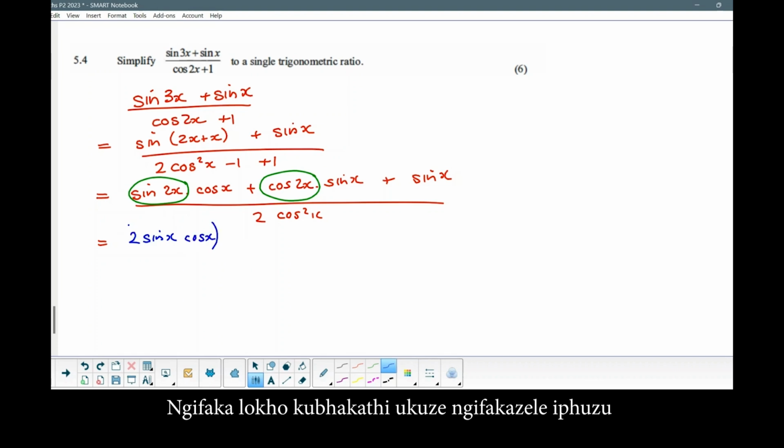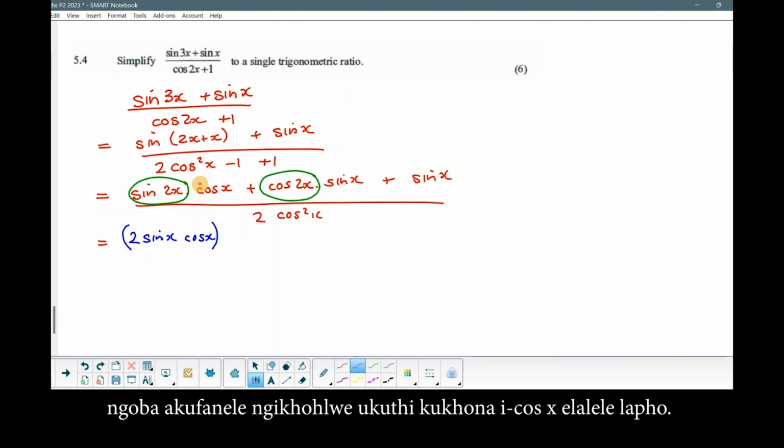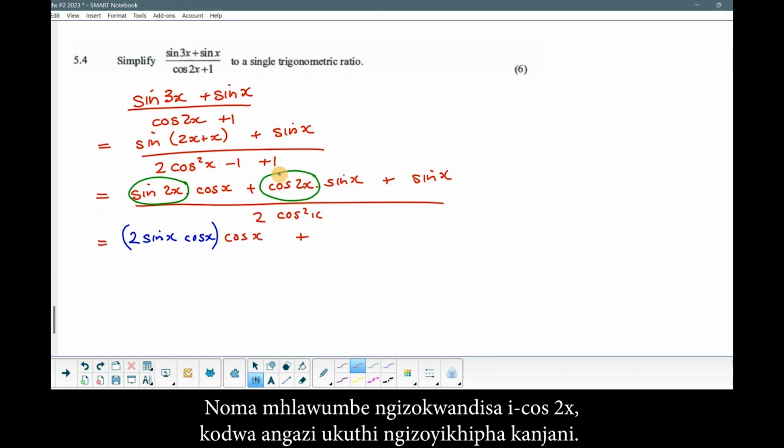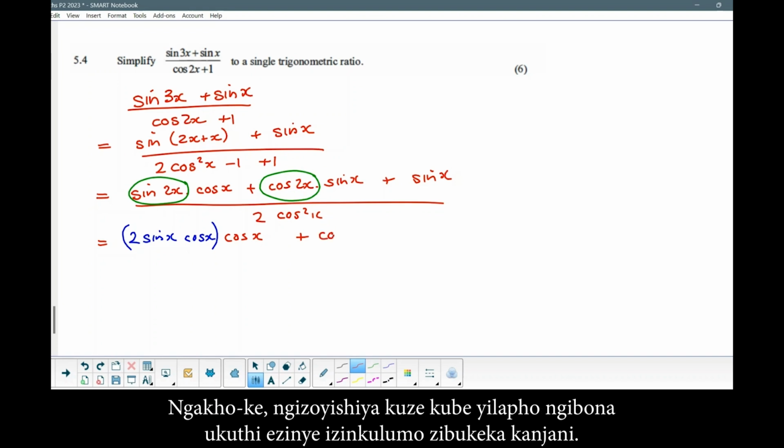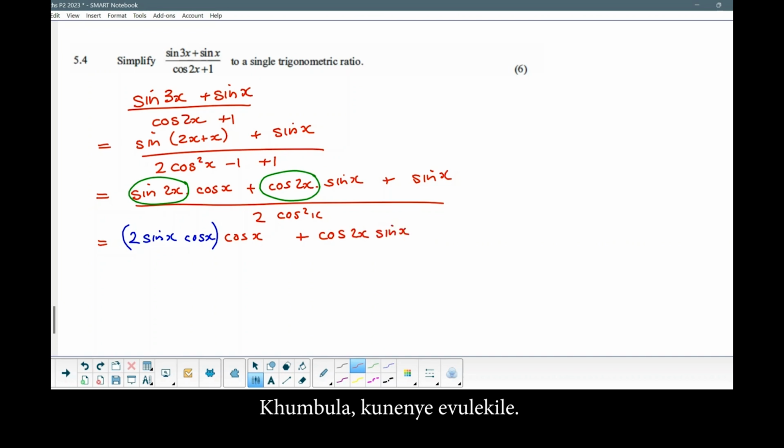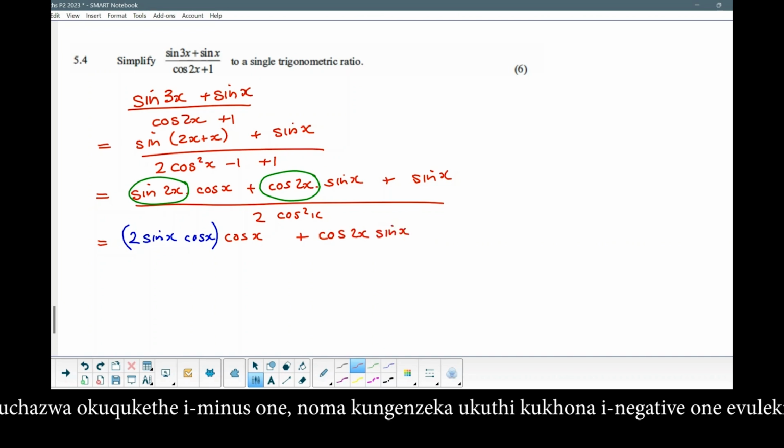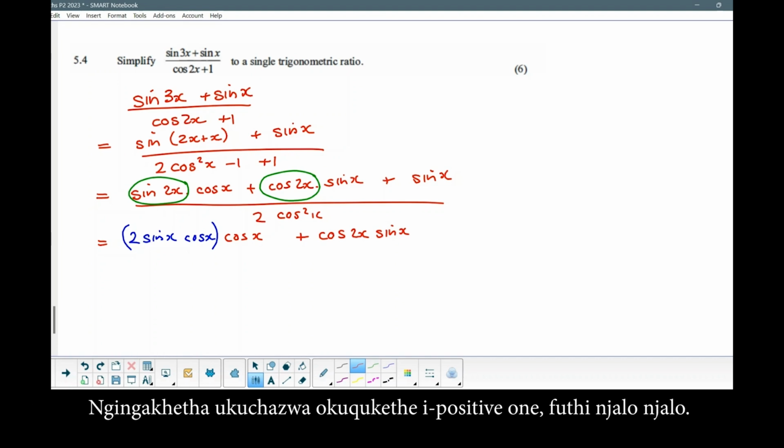I'm putting that in a bracket just to prove a point because I mustn't forget that there's another cos x sitting there. Or maybe I will expand the cos 2x, but I'm not sure what to expand it to. So again, I'm just going to leave it until I see what my other terms look like. Remember, if there's another 1 that appears, I can choose the expression with the minus 1.